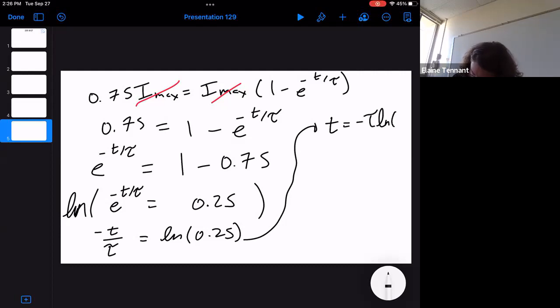Natural log of 0.25, 1/4, like that. And then you just plug in your numbers. And just so you know, when you take a natural log of something less than 1, it's going to be negative, so your minus sign is going to cancel out nicely as well.